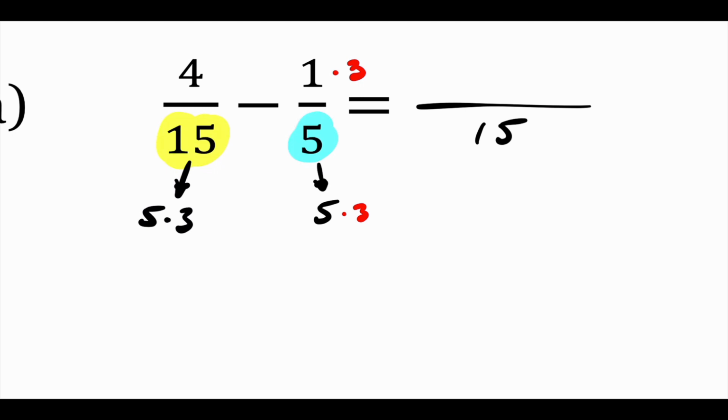So now let's look at the top. We're done with the bottom. I have a 4 here. 4 is just 4, so I'm going to write 4. Minus 1 times 3. 3.